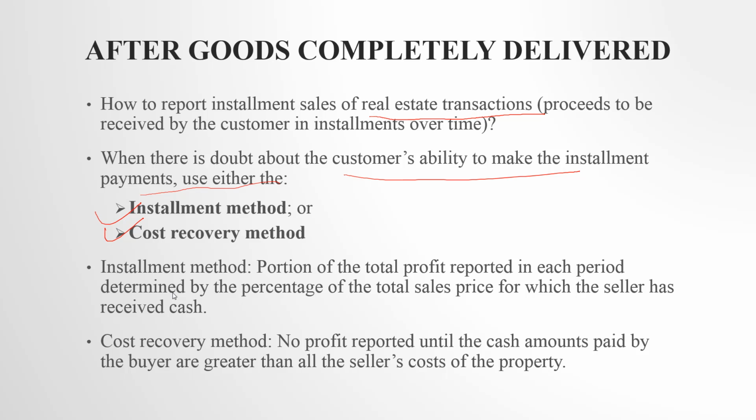Under the installment method, the portion of the total profit reported in each period is determined by the percentage of the total sales price for which the seller has received cash. We'll look at examples, and that will clarify matters about how this method works.